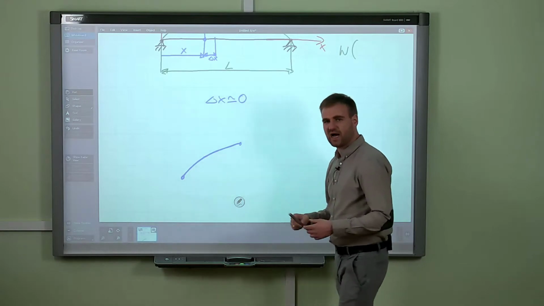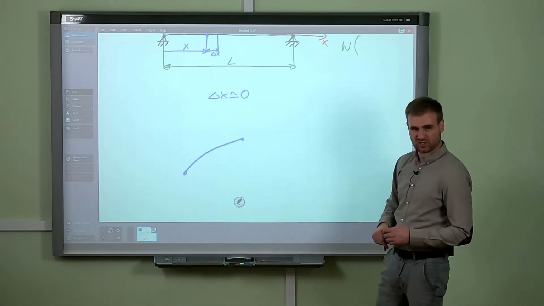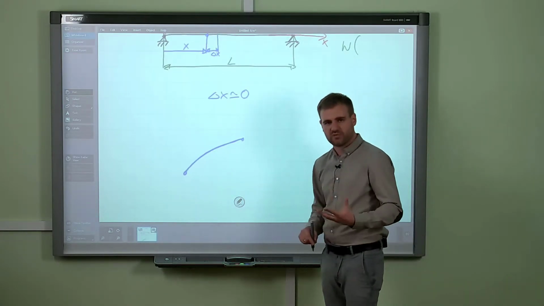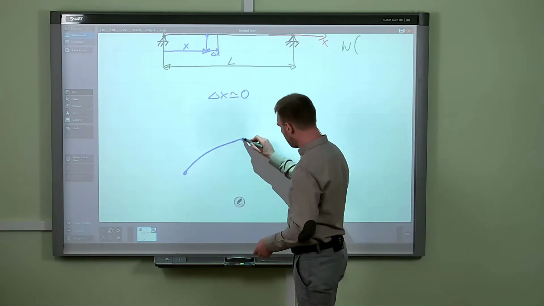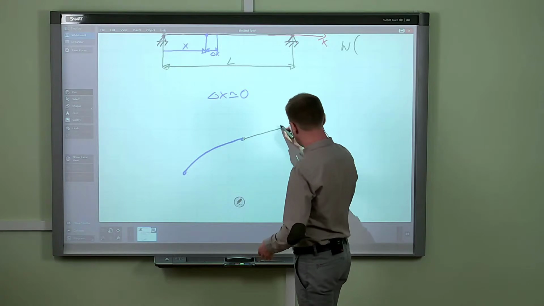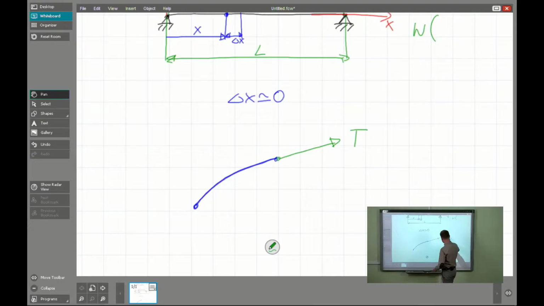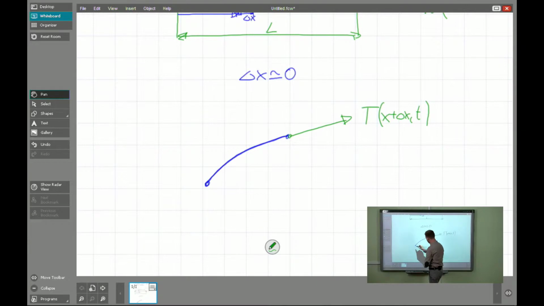What can we say about the static condition? If we are talking about the equilibrium condition of such a part of our continuous system, we know that here we have the tension force T at the point x plus dx and at the time t, and here we have some different value, the T at the point x and at the time t.